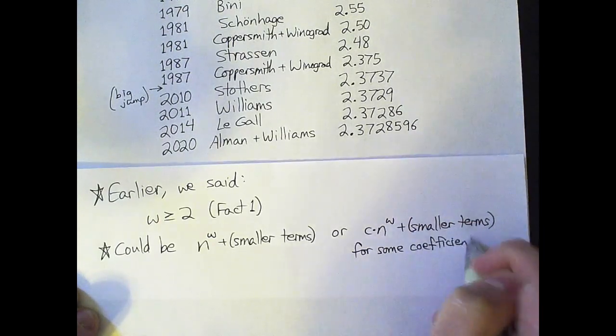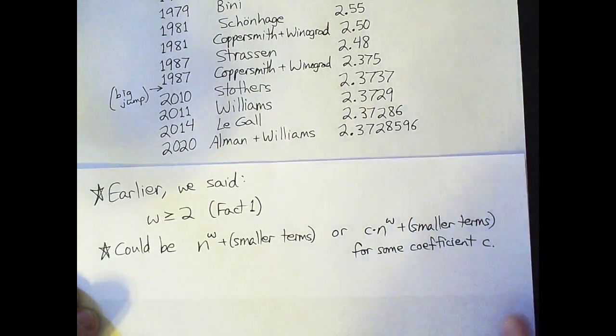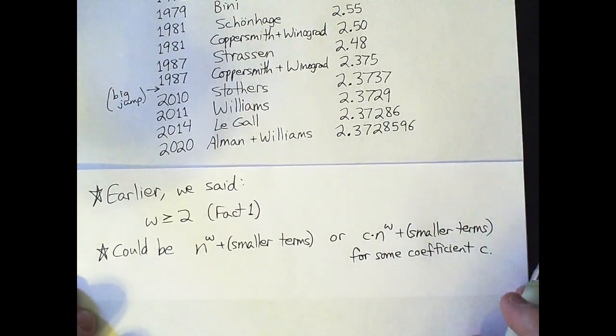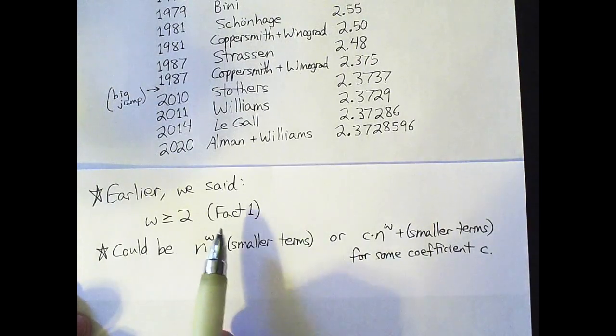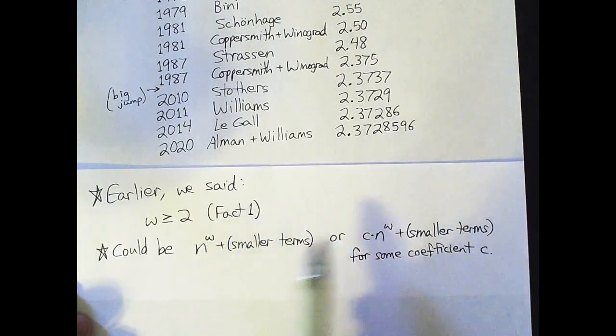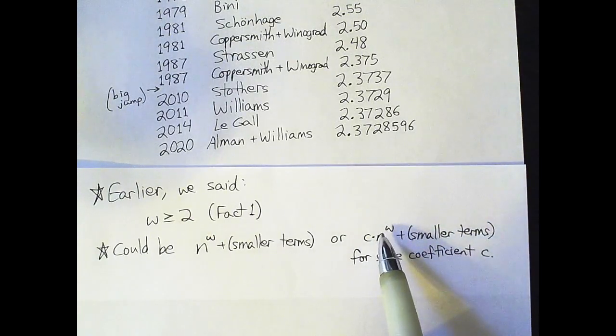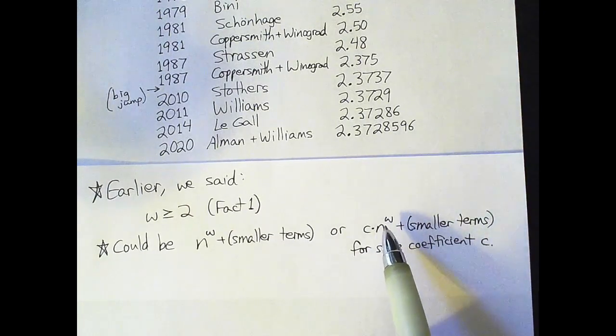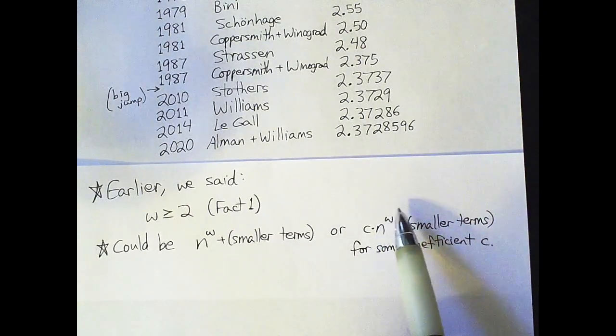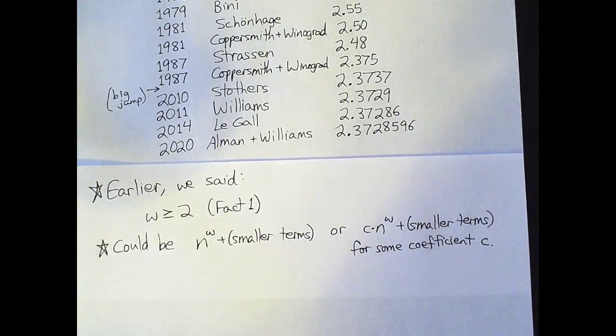This becomes more relevant as you get to some of the more modern methods. In computer science, people are really more focused on just the exponent, though. It's like when you have a polynomial, you want to know the degree of the polynomial, the highest exponent that appears, because that's the most significant part of it. So people are mostly just interested in what is omega.